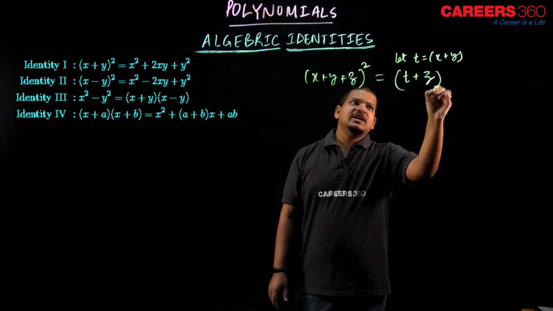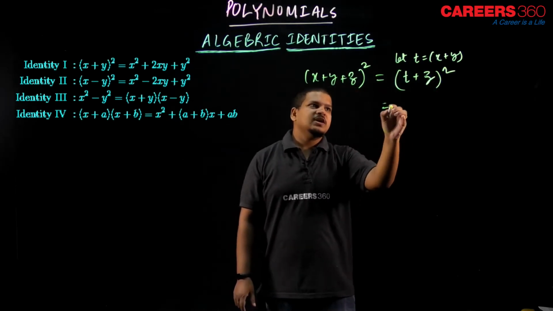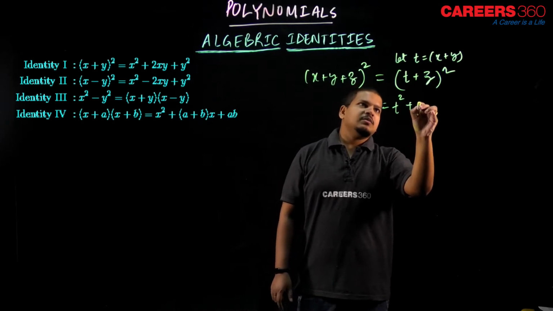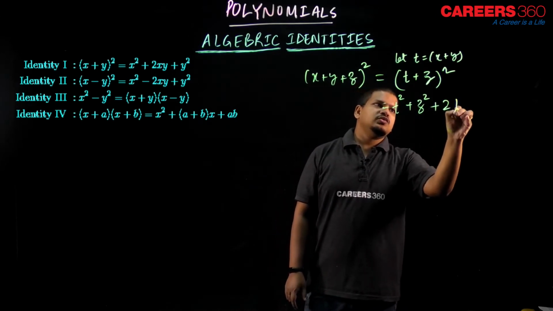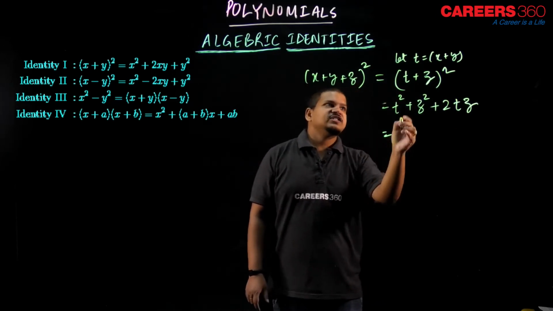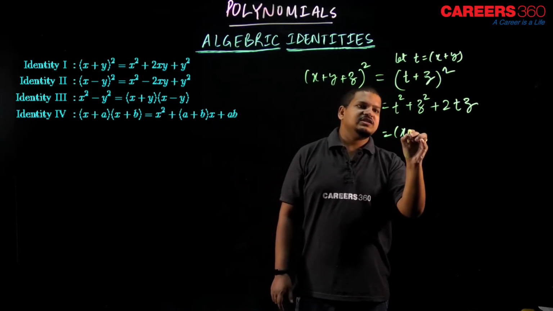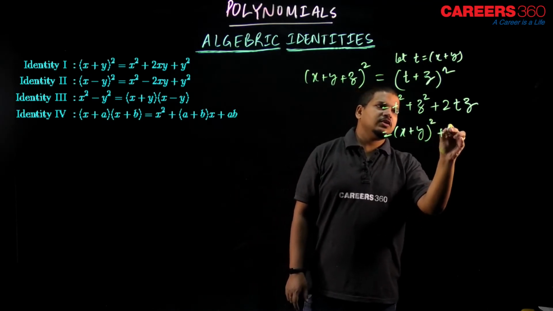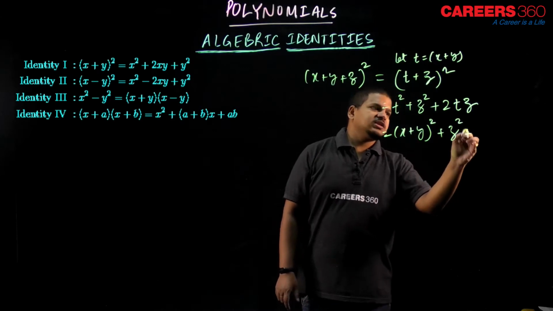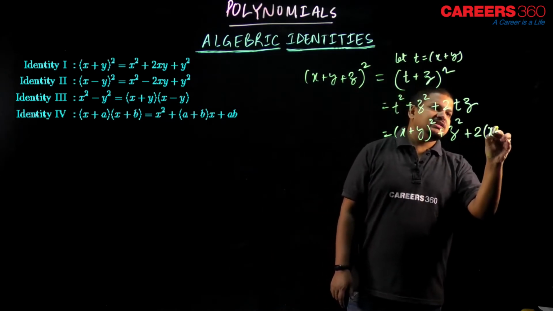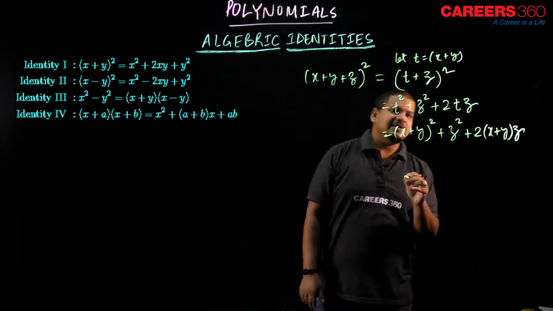(t plus z) whole square, and if we open the bracket, I'll get t square plus z square plus 2tz. If I substitute the value of t, it would be (x plus y) whole square plus z square plus 2 into (x plus y) and z.